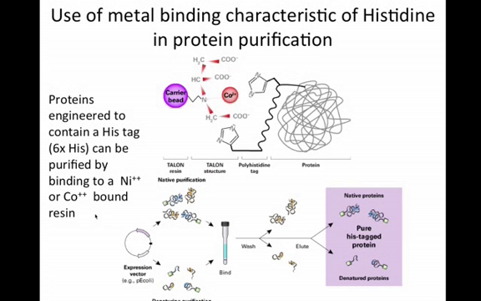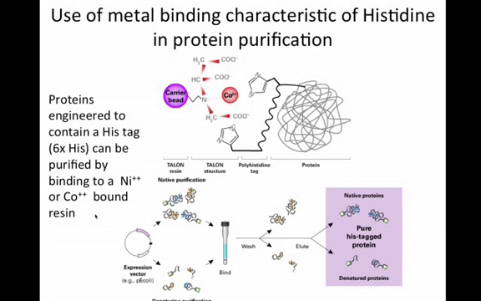And you purify it by binding it to a nickel or cobalt containing resin. Why not zinc? I guess it's just not ideal for this method. But it's using the metal binding properties of histidine to isolate the protein of interest.